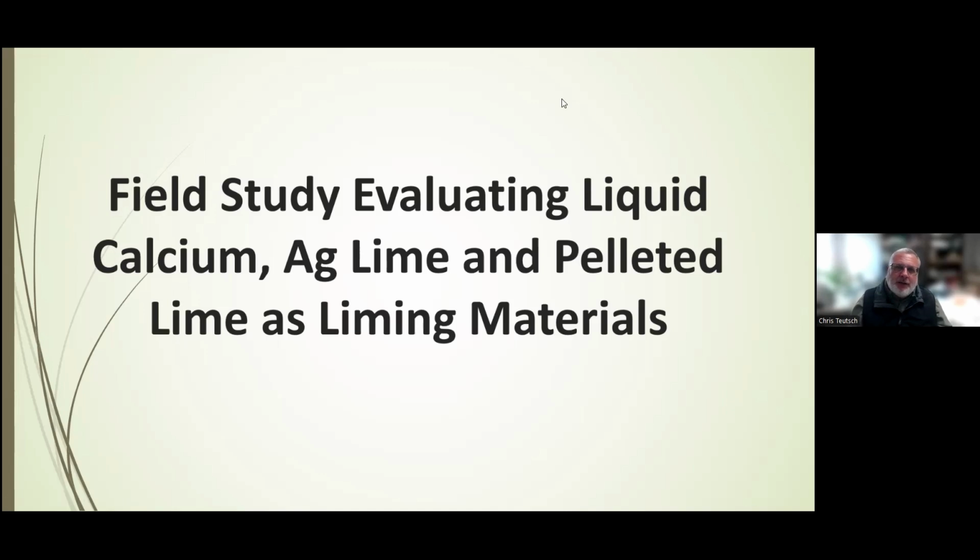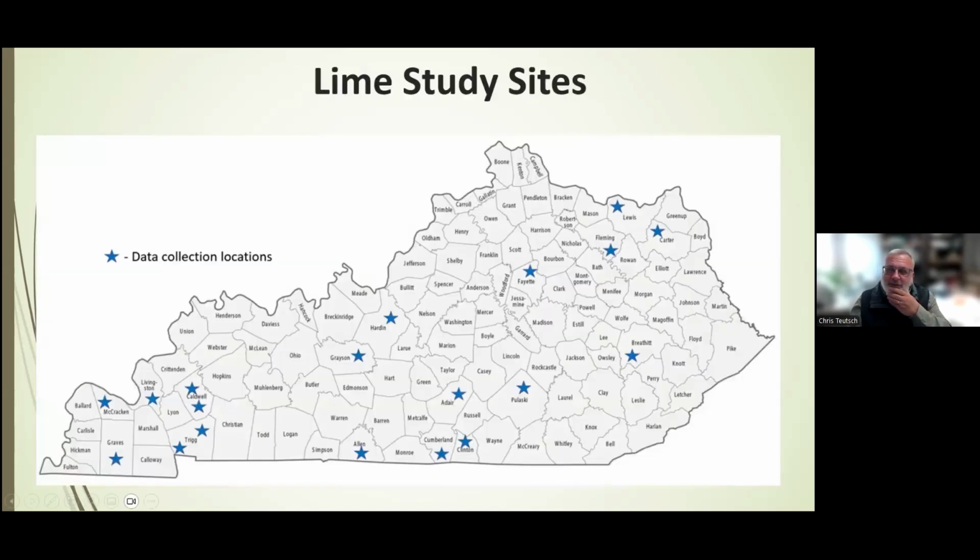We evaluated the efficacy of these materials for changing the pH of the soil. We did this at not just one location. This was a replicated study that we did at 16 different locations in the state. As you can see, we had a couple locations in Carter and Lewis County and Fleming County, so pretty close to you all.